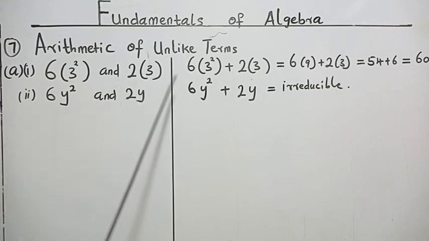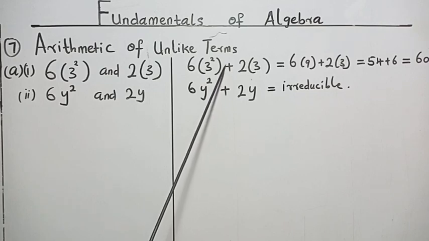So, if you repeat this experiment with subtraction, you discover that it is also irreducible. Therefore, we conclude that it is not possible to get a final simple answer if we are to add two or more unlike terms, or to carry out subtraction with two or more unlike terms.